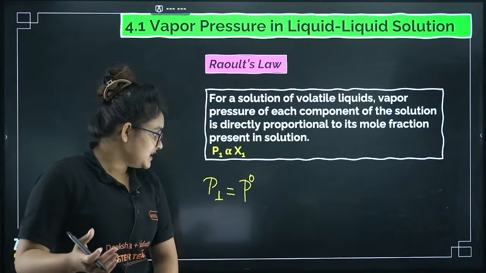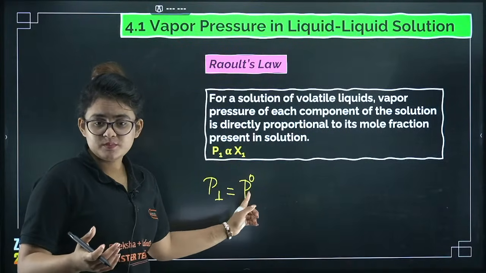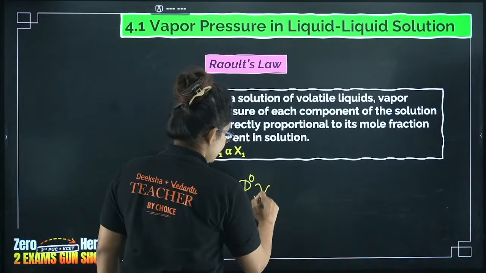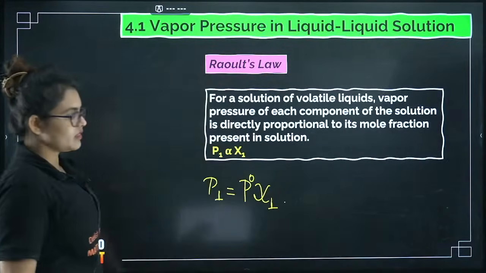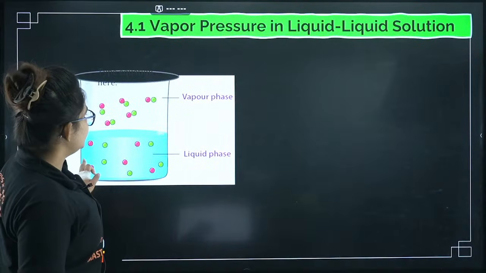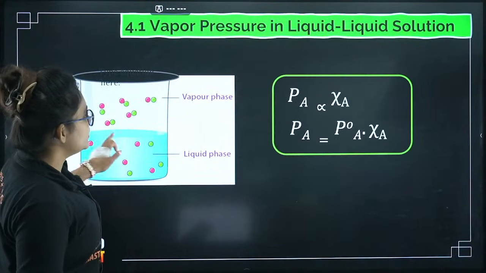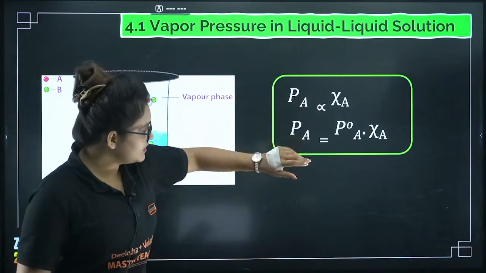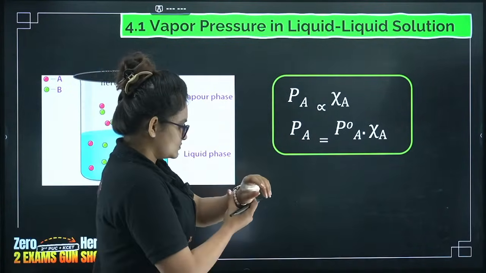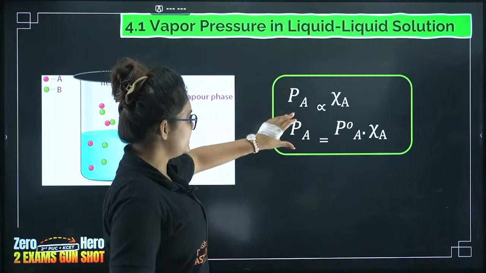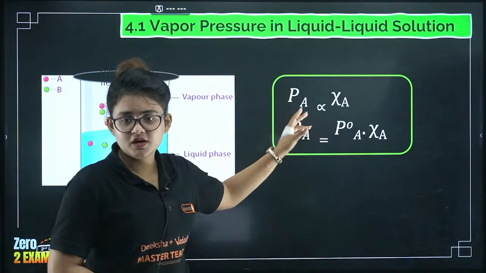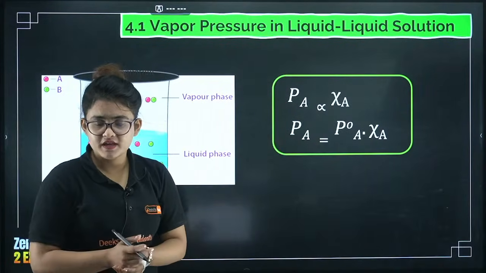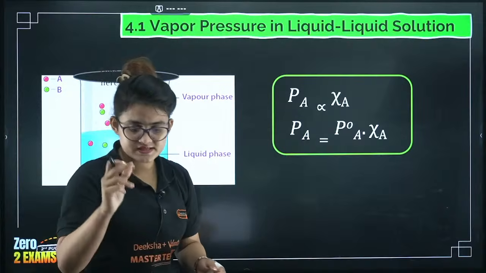That pressure is the constant and it is multiplied by x1. I guess it's clear to you. This is how we can explain Raoult's law in numerical form. The pressure of A is directly proportional to the mole fraction of A, and the constant will come as P0.